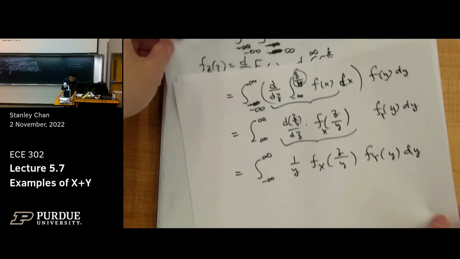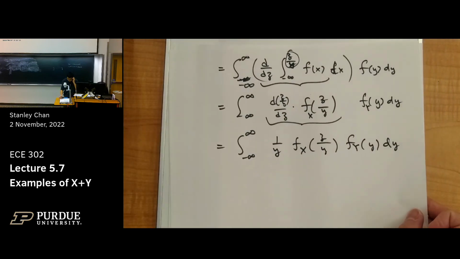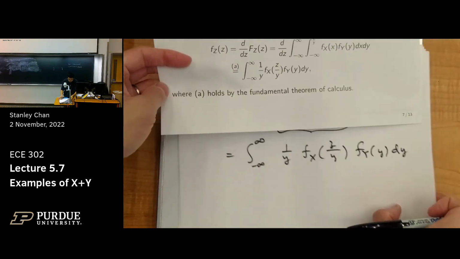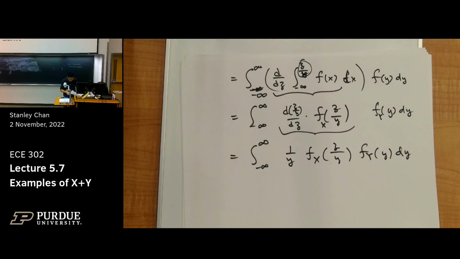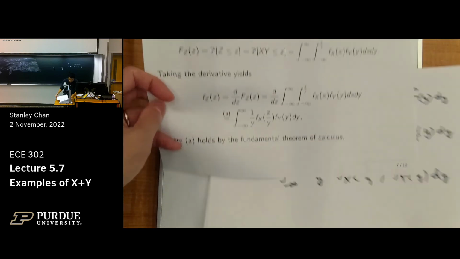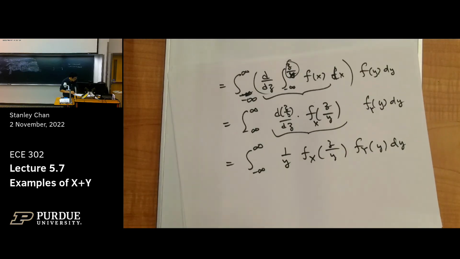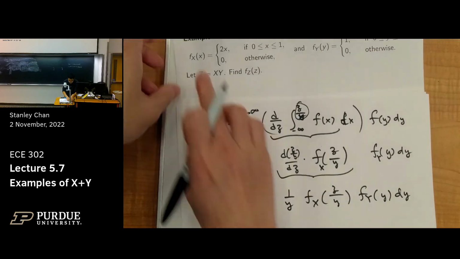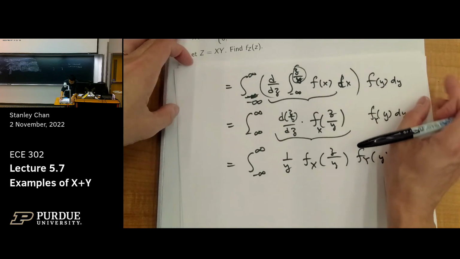Okay, so I still haven't plugged in the formula, but I do have my integral, which is great. So let's see, what do I have here? My problem is fX is 2x.